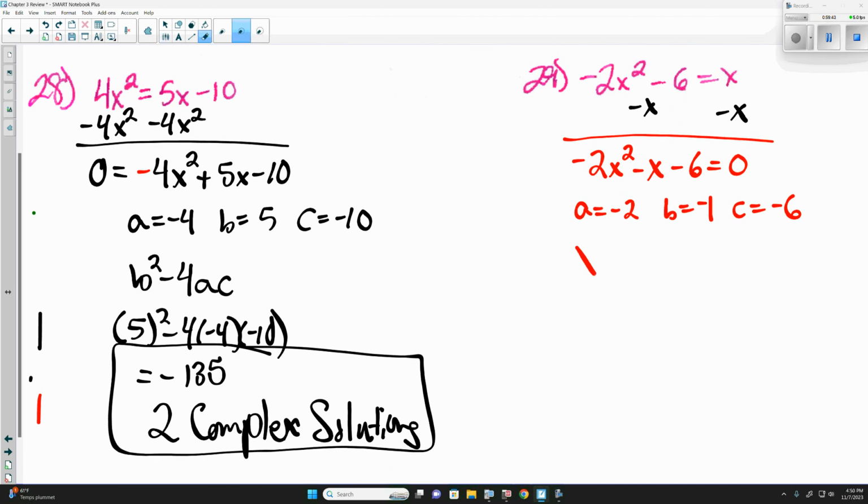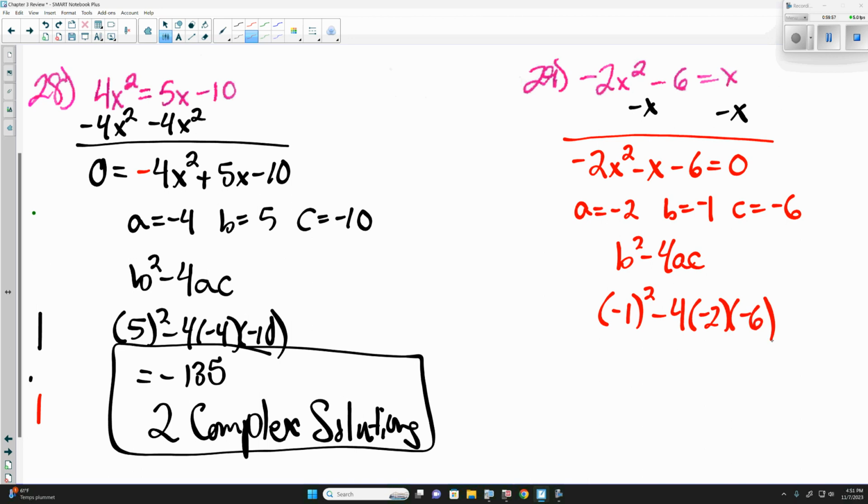Now, not the quadratic formula. We don't need that. We just need the discriminant, our b squared minus 4ac. Our value of b is negative 1, our value of a is negative 2, and our value of c is negative 6.